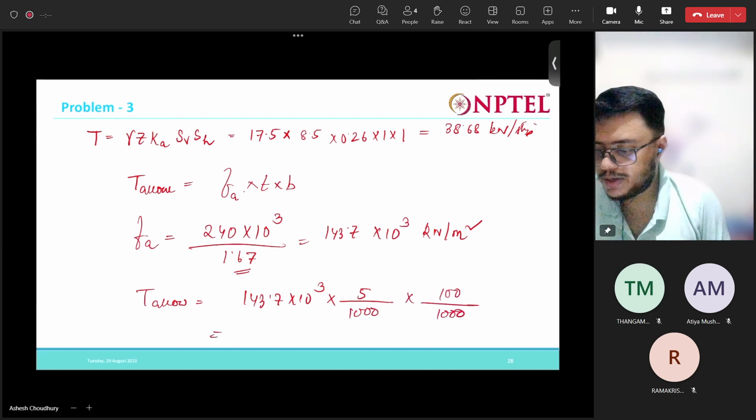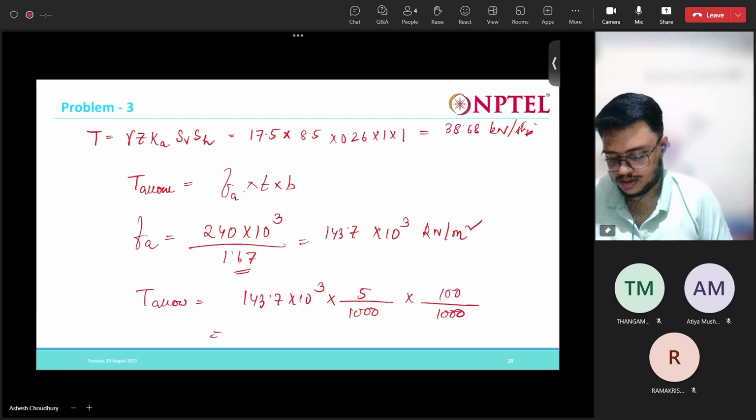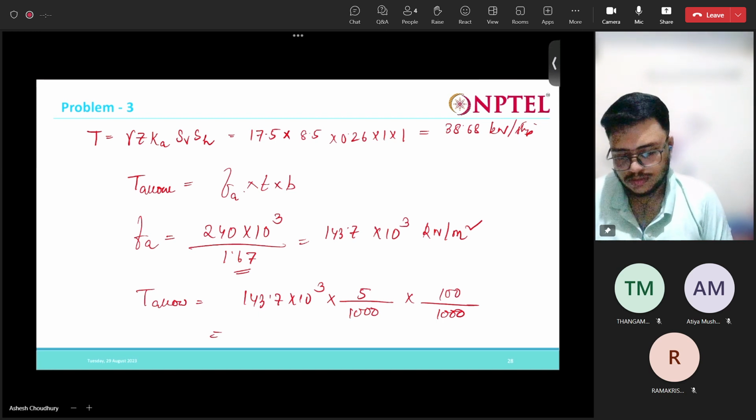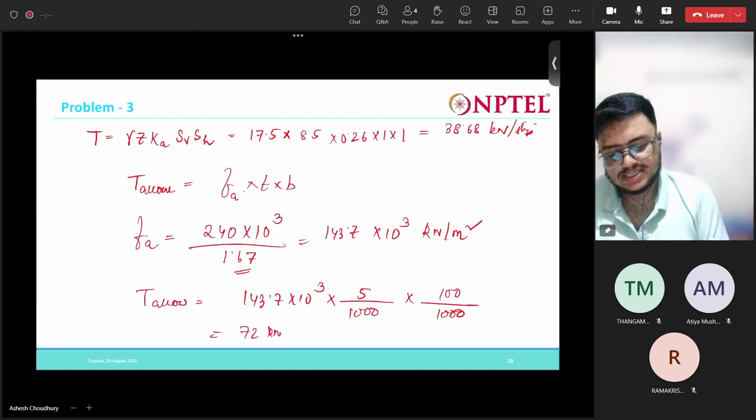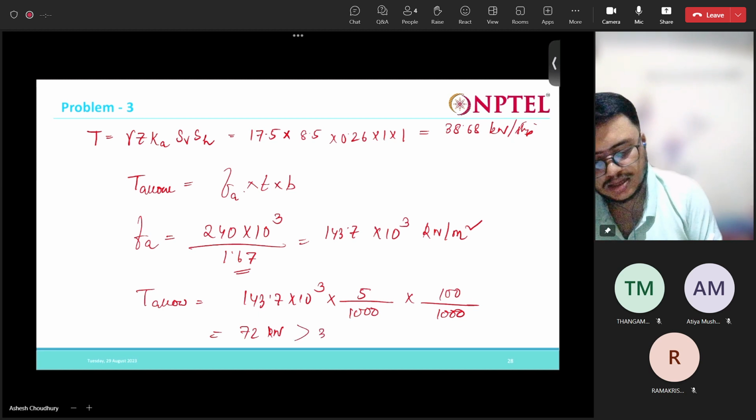So how much will it be? 143.7 into 10 to the power 3 into 5 by 1000 into 100 by 1000, approximately 72 kilonewton. Okay, this 72 kilonewton is greater than 38.68 kilonewton, right?